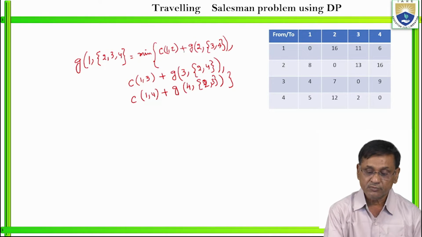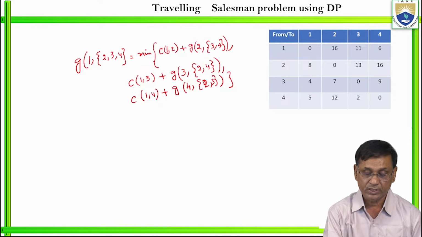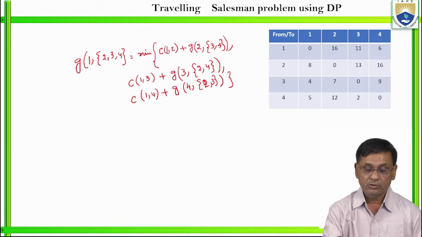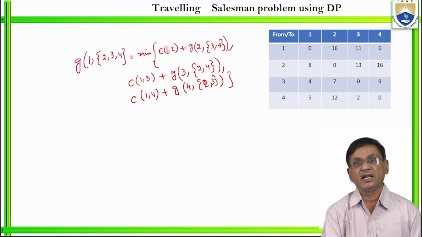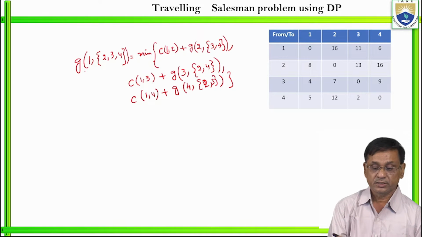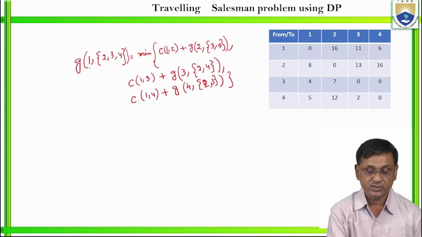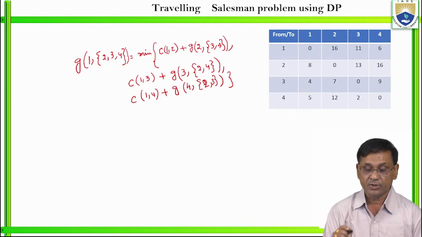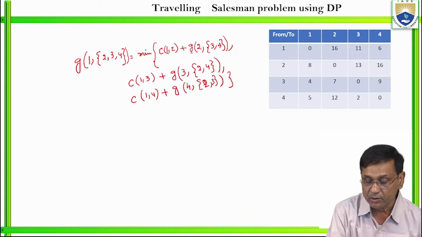So either the first one or the second one, that is going from 1 to 2 or going from 1 to 3 or going from 1 to 4. So by using these costs we can finalize the route. So this is the cost of going from starting city 1 to the remaining cities 2, 3, 4. So in this we have to find out these values again.